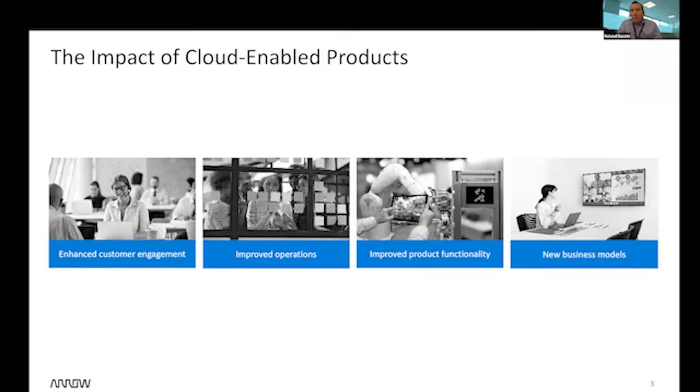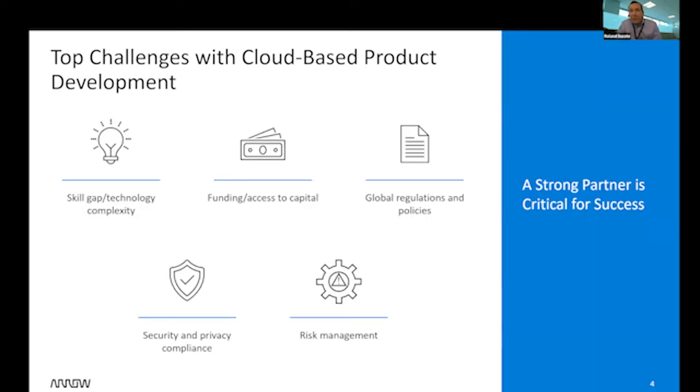What I want to go into next are some of the challenges we see, and we think this might be a way to relate to the audience. So Scott, if you don't mind advancing the slide. Thanks. When we look at top challenges, whether enhanced customer engagement, improved operations, new business models, or product functionality, there's a skills gap.